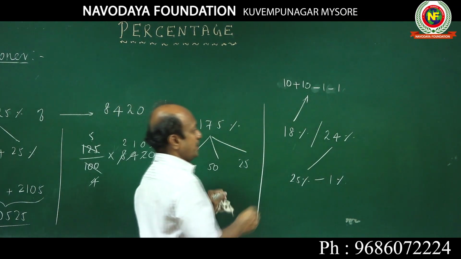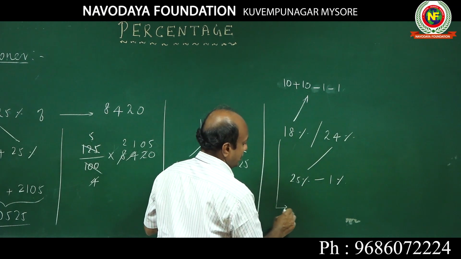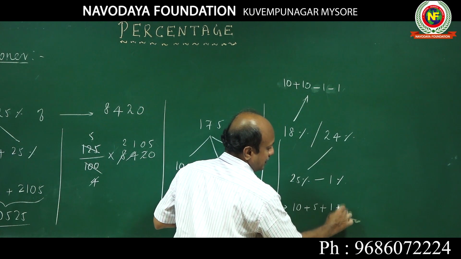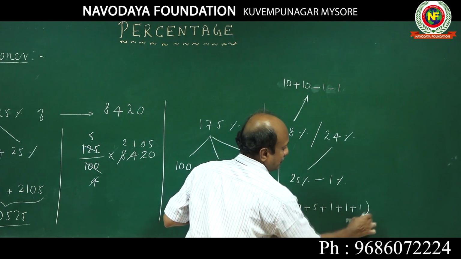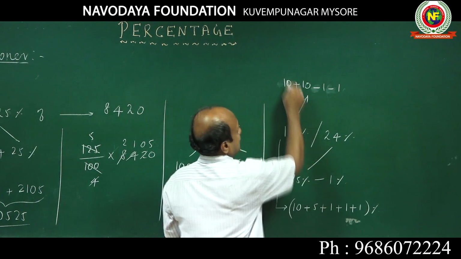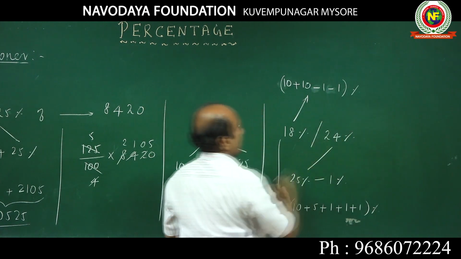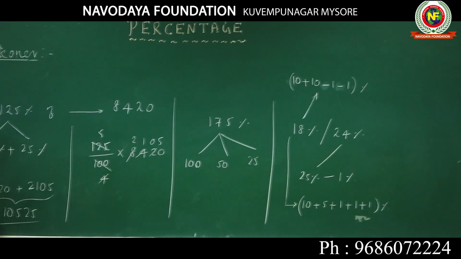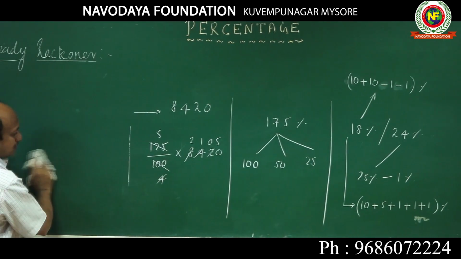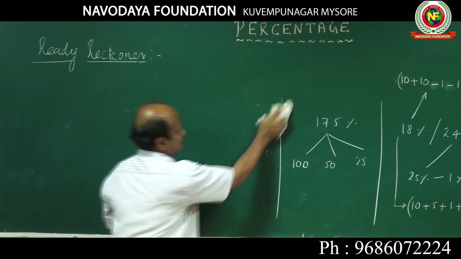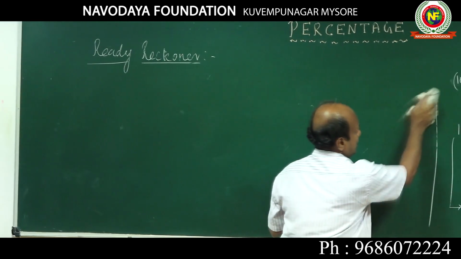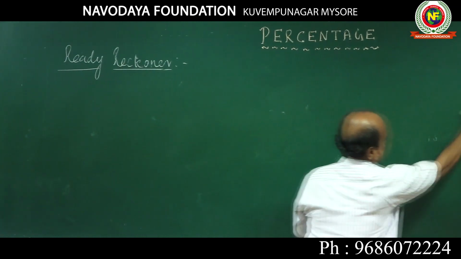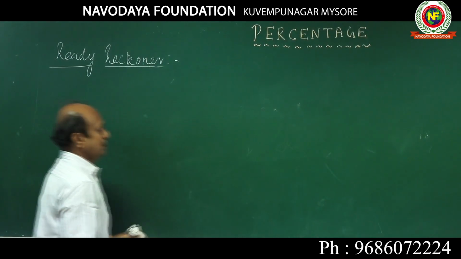Or some people used to find the other way of solving: 10% plus 5% plus 1% plus 1% plus 1%. They can find out this way also. Depending upon your convenience, you can go ahead in any of these manners. Right. So remember these shortcuts while solving the problem, which will minimize your time, so that you can focus on the entire paper. Right. Let us see some problems.